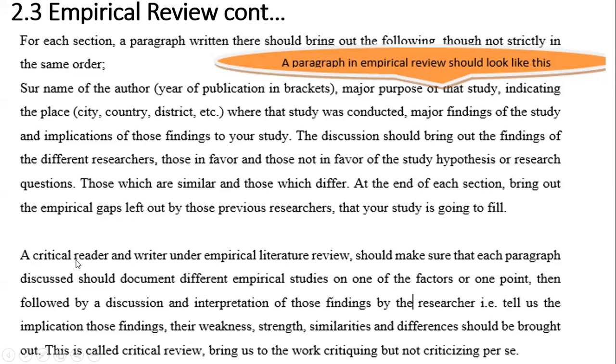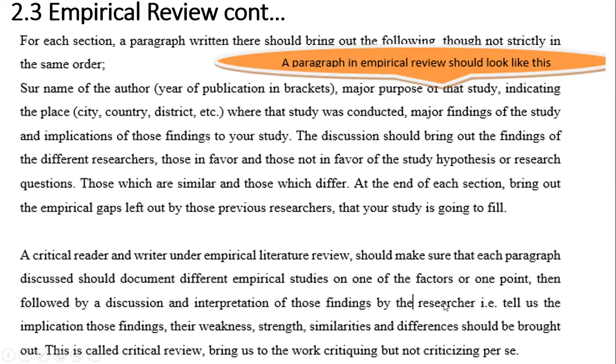We talked about a critical reader and writer under the empirical review section, making sure that the paragraph presented documents empirical findings or empirical studies on one factor or one point of view. Then you discuss it, interpret those findings very well.